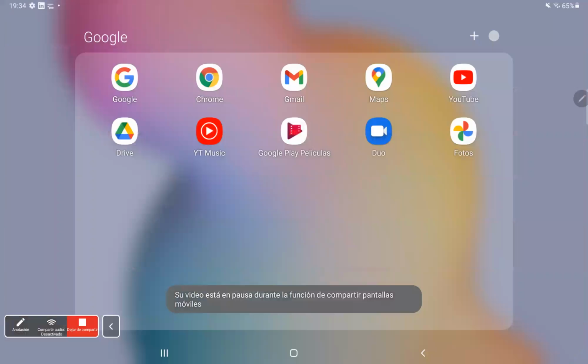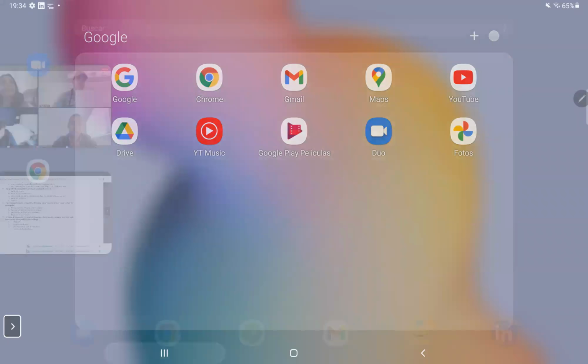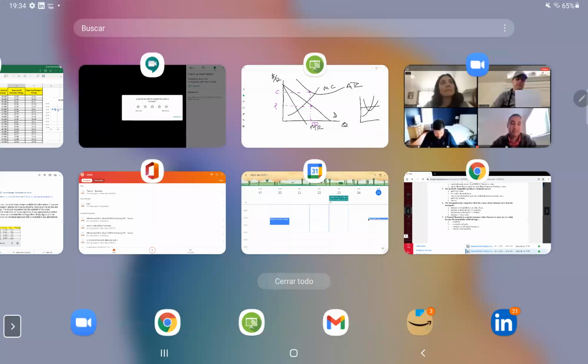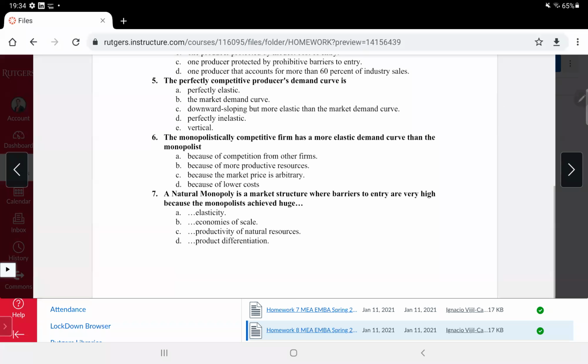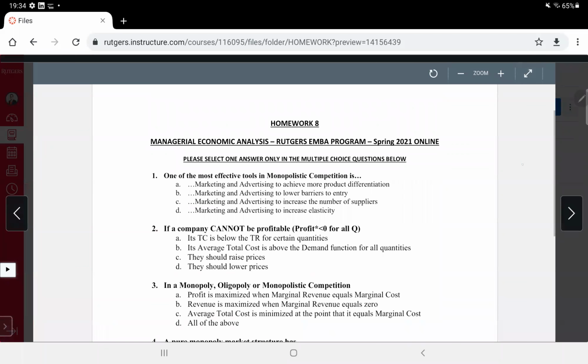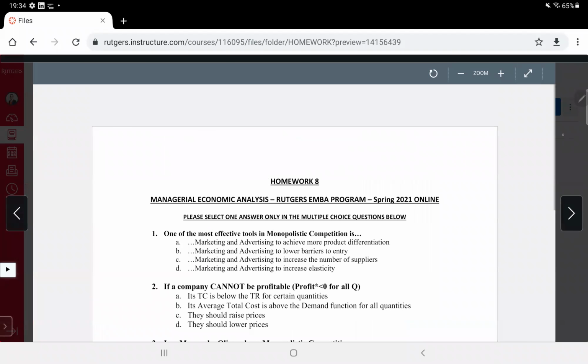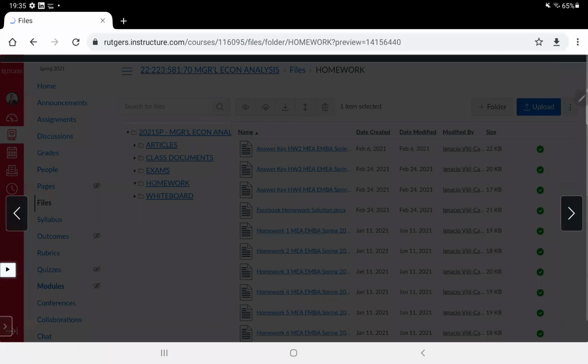Let me share and open homework number 9, please. I'm gonna open it here. Okay, I need to go back here. Homework number 9. Here it is.